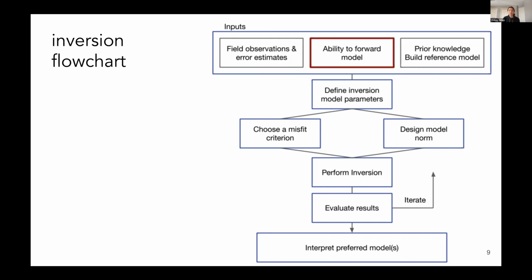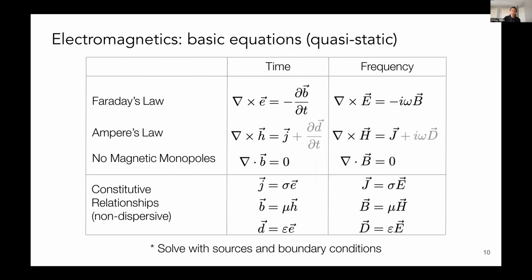So we'll start in the first box here with the ability to forward model. The basic equations we're working with are Maxwell's equations, and they can be written in time or in frequency. We've got fields and fluxes that we're working with: E being the electric field, H being the magnetic field, B being the magnetic flux, J being current density.